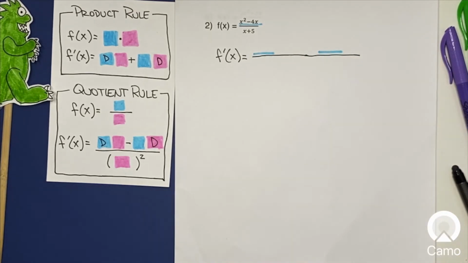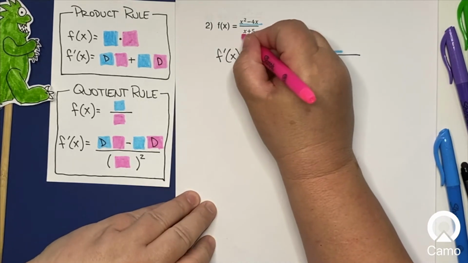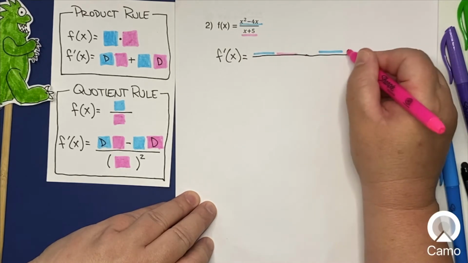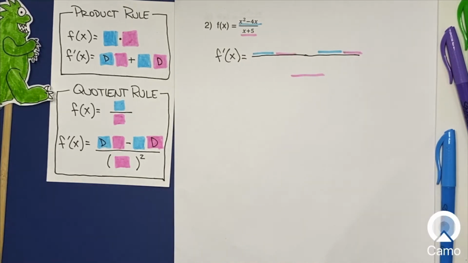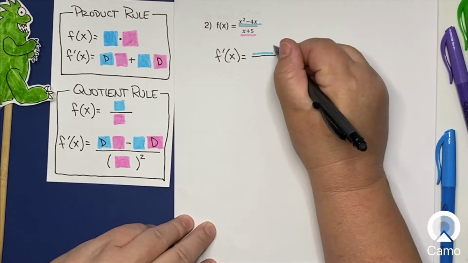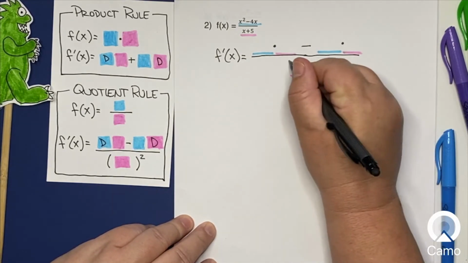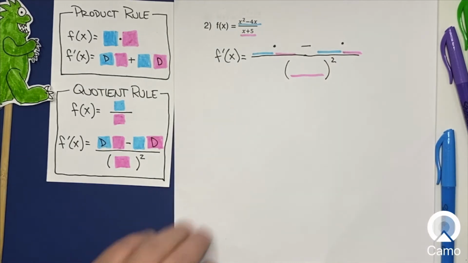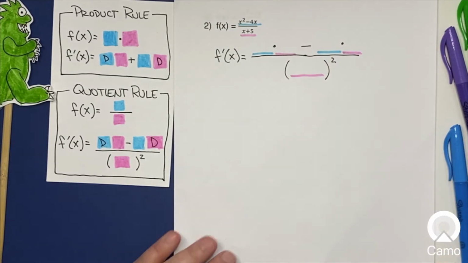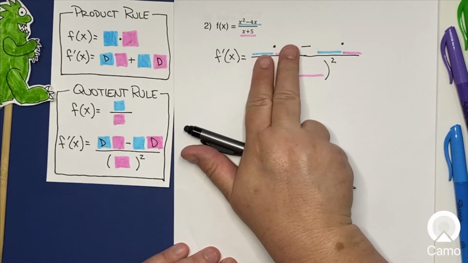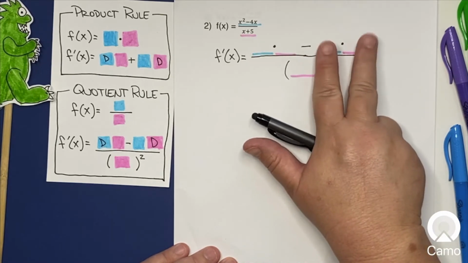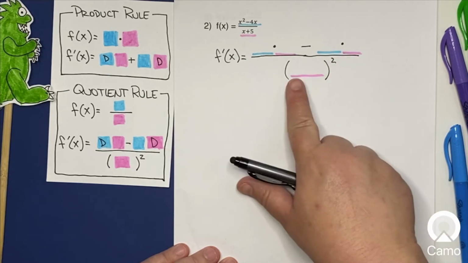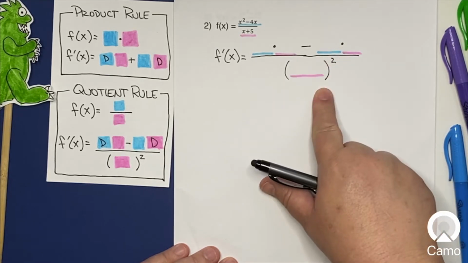I'm going to do blue first, and then pink. Pink is my denominator. And so that's the basic setup. I'm going to multiply one of the derivatives times one of the planes, minus the other derivative times the other plane, all over the denominator squared.